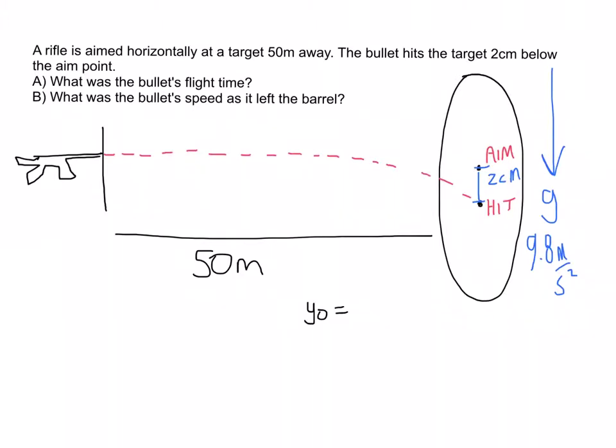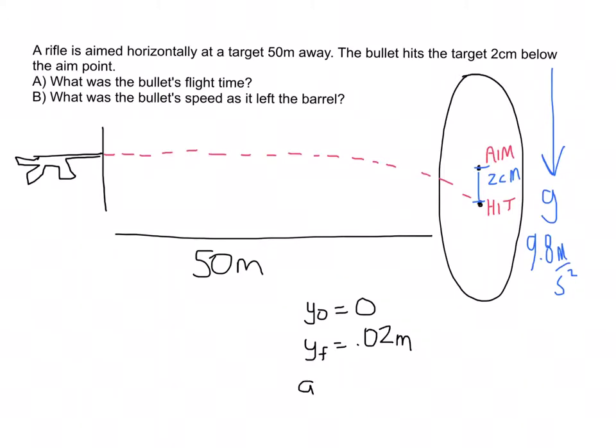We're just going to call this right here where it's aiming at 0. And then we're going to have y final, when it hits this target, we're going to call that 2 centimeters. We're going to write it in meters, though.